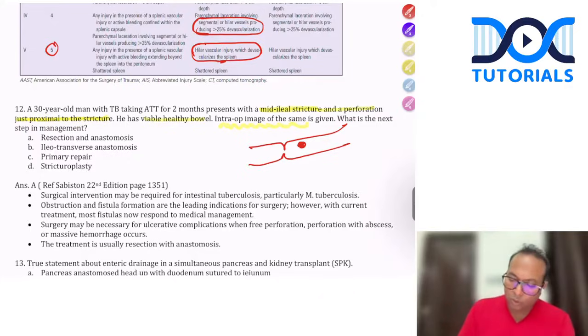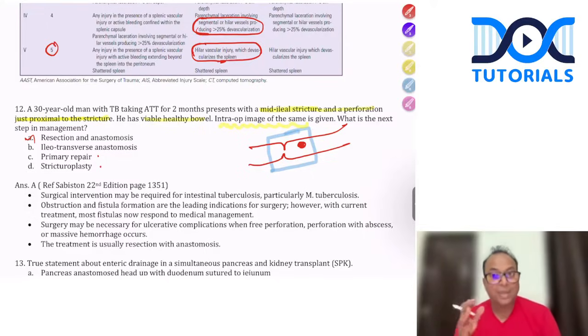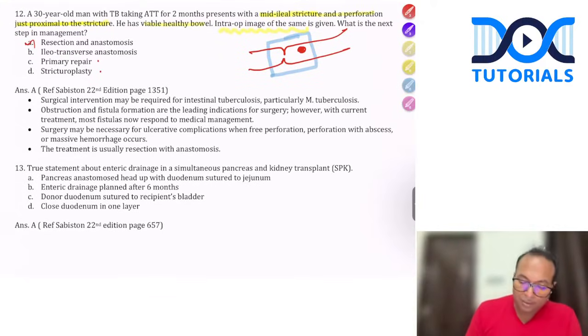No doubt in this, you have to go for a resection of the stricture, including the perforation, and do the anastomosis. Primary repair or stricturoplasty is first of all not advised for TB. It is done only for Crohn's disease, and even in Crohn's, a perforation is managed with resection and anastomosis. Surgical intervention may be required for intestinal tuberculosis.